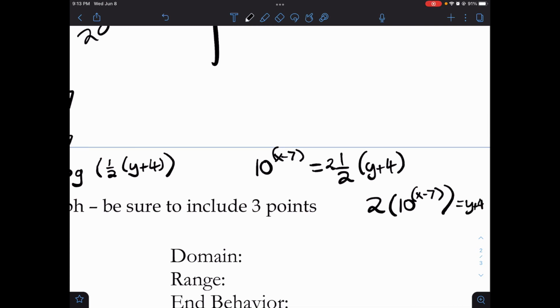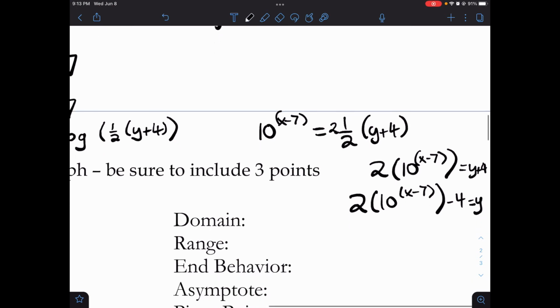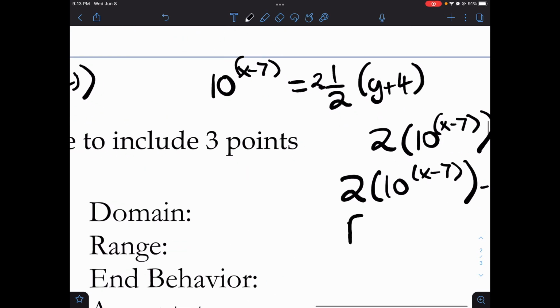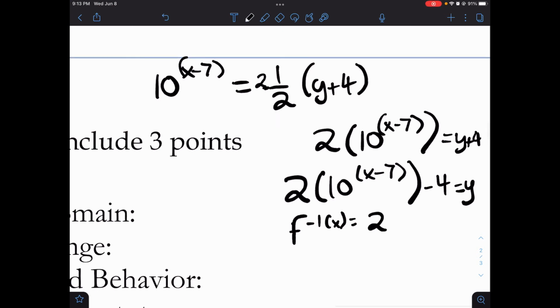And we get minus 4, so we get 2 times 10 to the x minus 7, minus 4, is equal to y. Our new function f of -1 of x is equal to 2 times 10 to the x minus 7 minus 4.